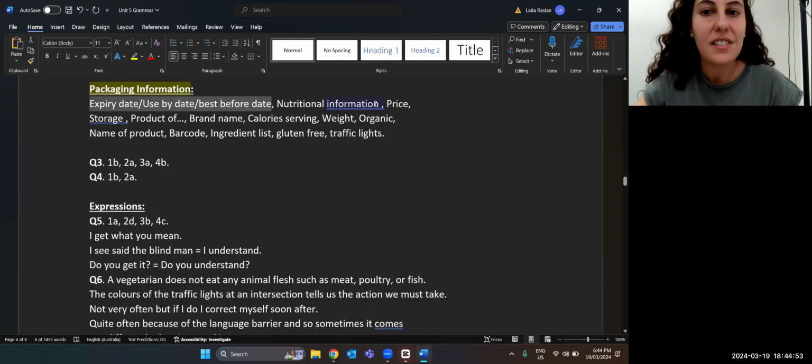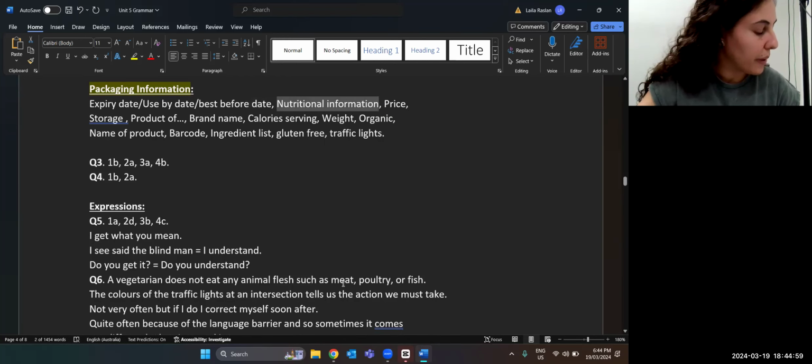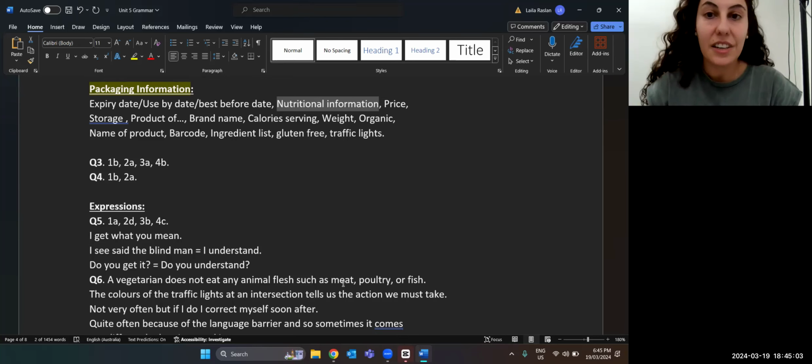You'll also have some nutritional information. So nutritional information will tell us how many calories it has, how many proteins, carbohydrates. So when you see these words, it will just give you a number.